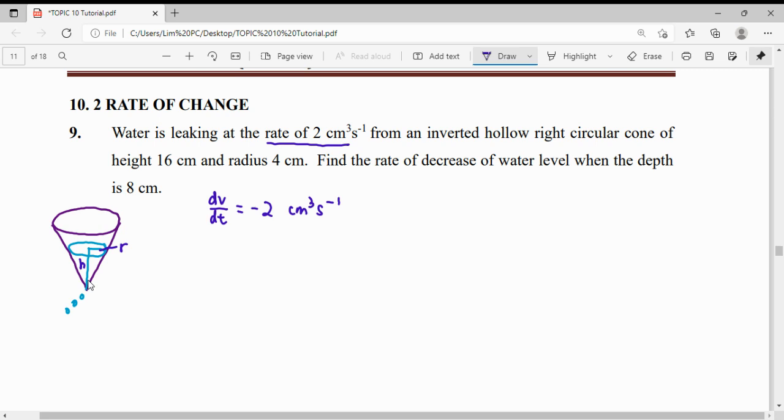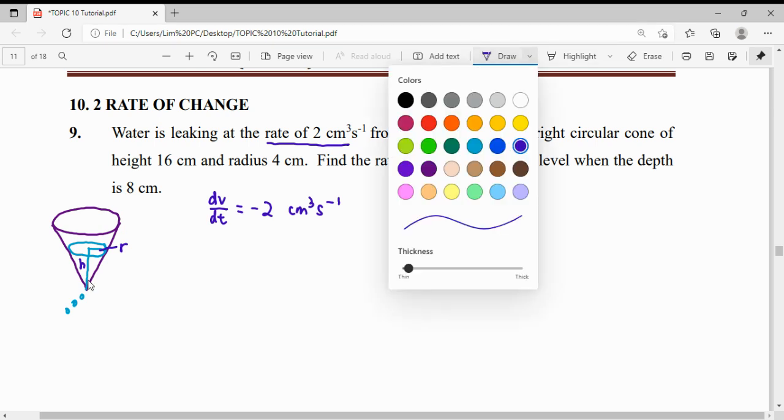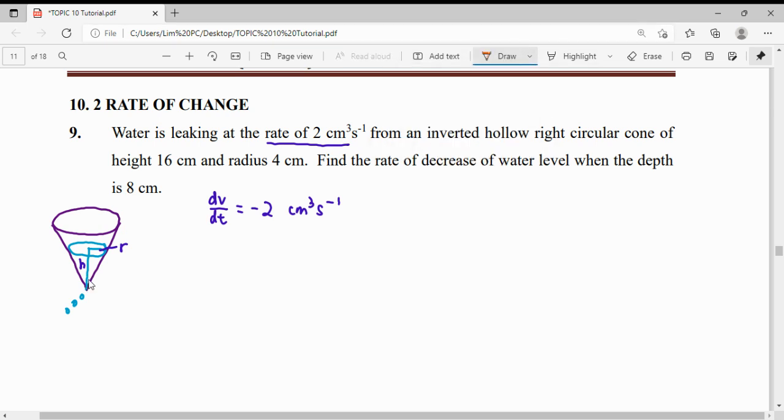These are our variables, which change from time to time when the water is leaking out. The question gives us that this cone tank has a height of 16 and a radius of 4.